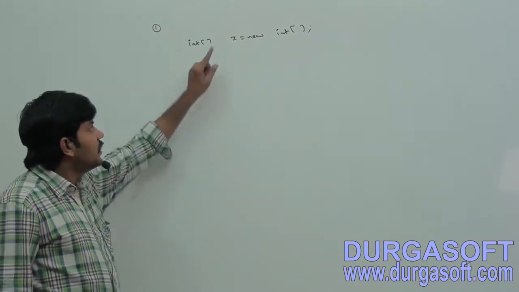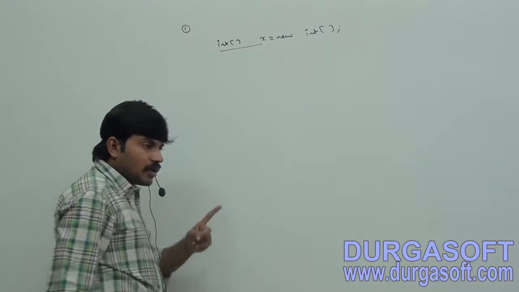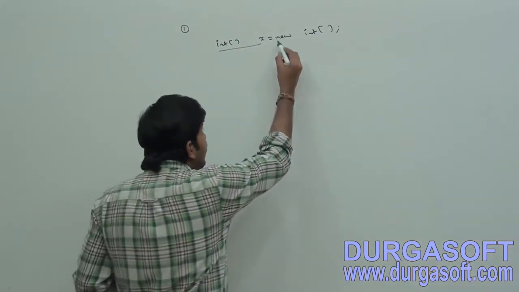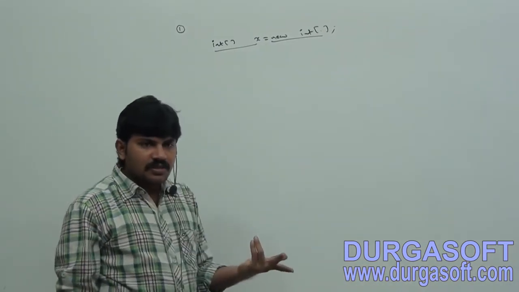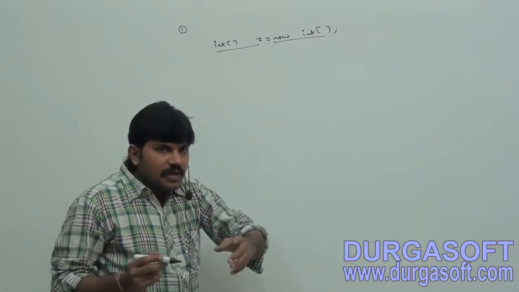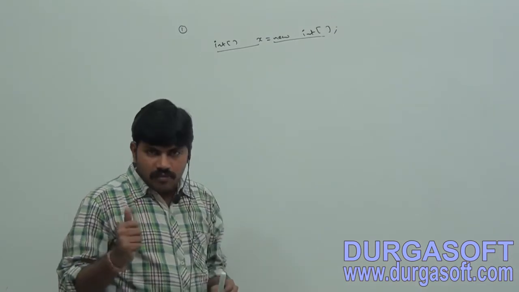The reason is that at the time of declaration we can't specify the size, but at the time of creation we compulsorily should specify the size. At the time of creation, the JVM reserves memory based on your size. If you don't specify the size, how will the JVM reserve the memory?